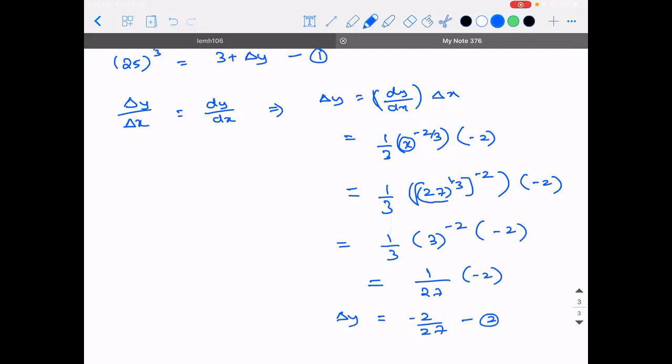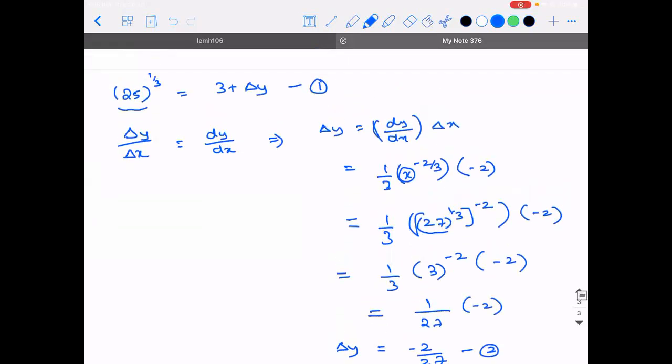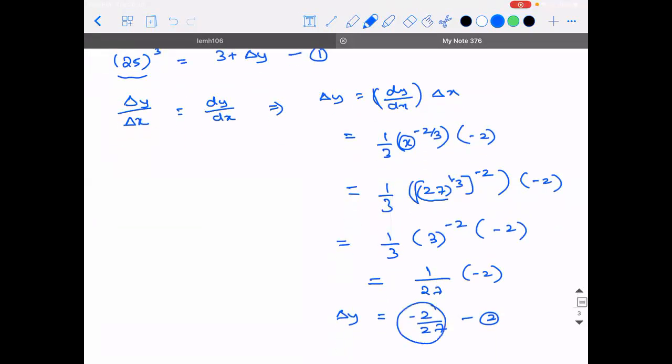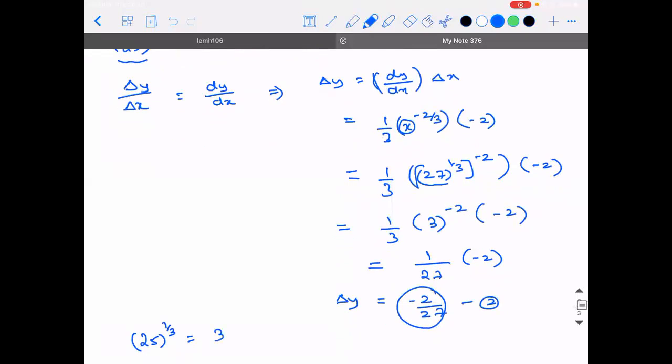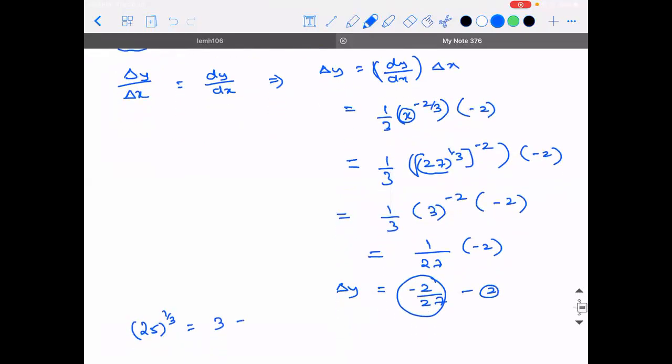It is second. So what are we supposed to do? To find 25 power 1 by 3, take this value of delta y and substitute it in 1. So 25 power 1 by 3 will be equal to 3 minus 2 divided by 27. Whatever is the value of 2 divided by 27, you find out the decimal value of it. But did you guys understand how to solve the problem? Yes, sir.